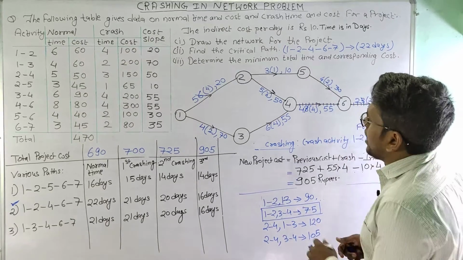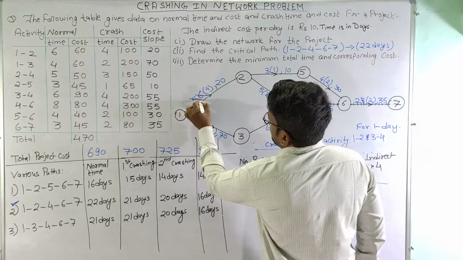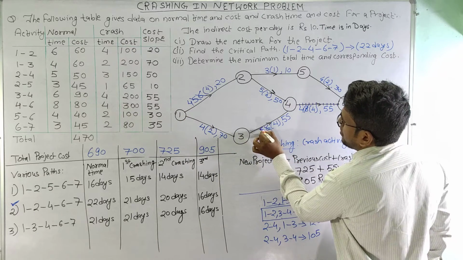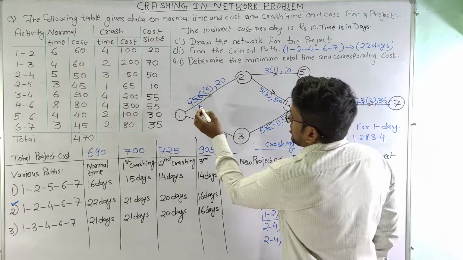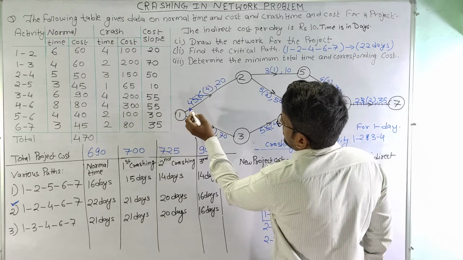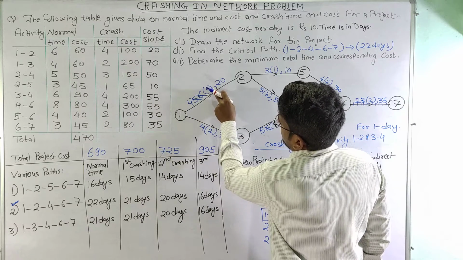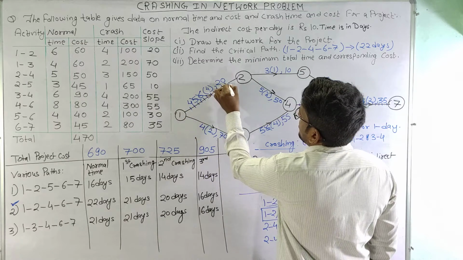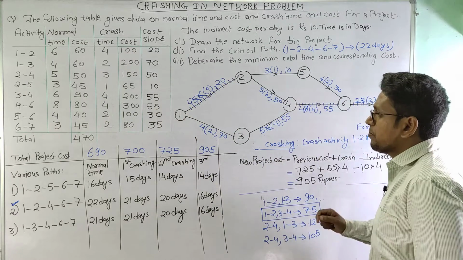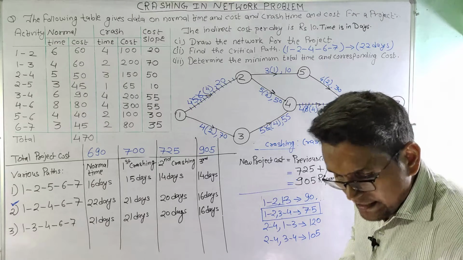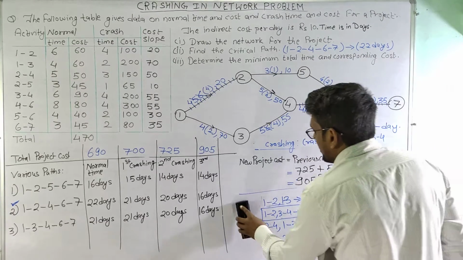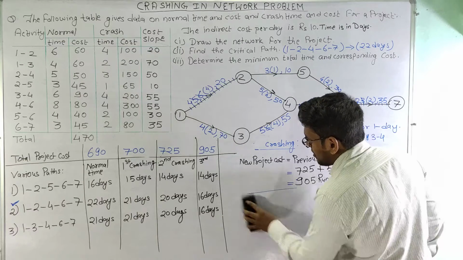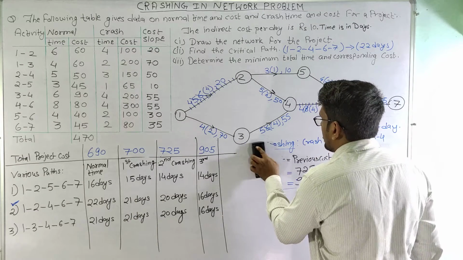Now after crashing this will reduce to 4 and this will reduce to 5. So once this reduces to 4, now the normal time and crash time will become equal, and no more crashing can be done in this path. Now let us again calculate the timing for these paths.